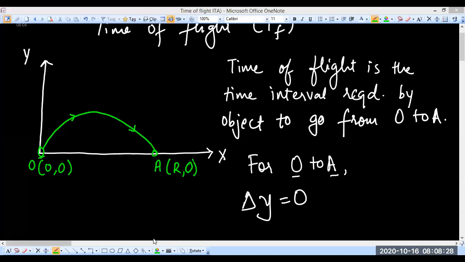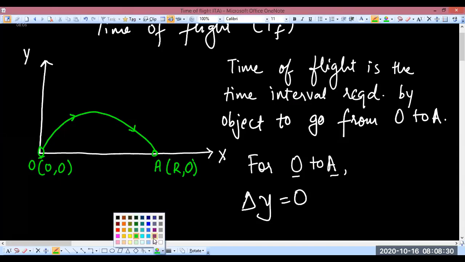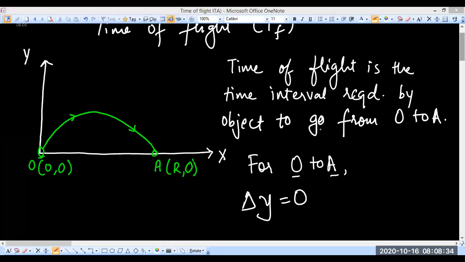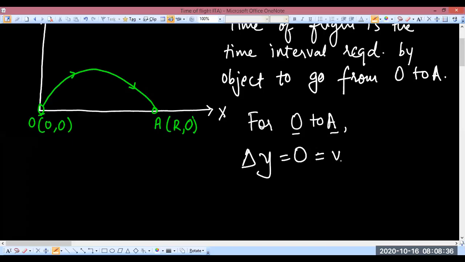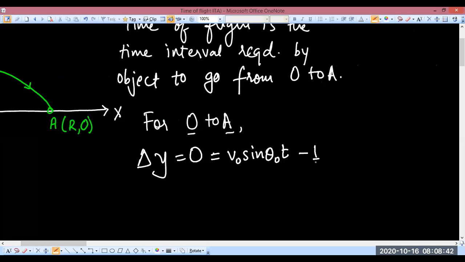Now if delta y is 0, yesterday we derived the basic relation of delta y for projectile motion, and that is equal to v0 sin theta 0 t minus half g t squared, right?